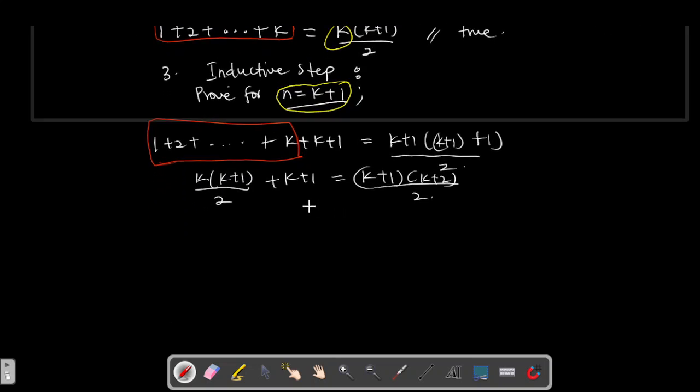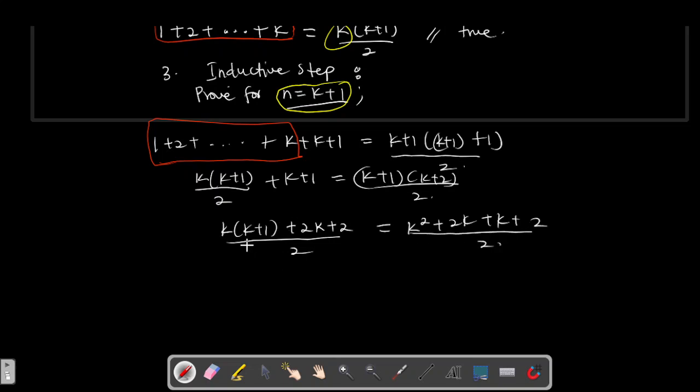So let's simplify. Here I'll cross multiply the algebraic expression. So k times k plus 1, you cross multiply, you have plus 2k plus 2, all over 2. This should be equal to, here you multiply k squared plus 2k, then 1 times k plus 2, all over 2.